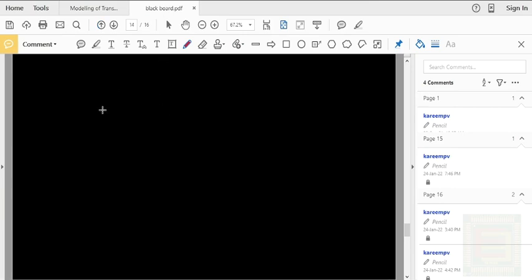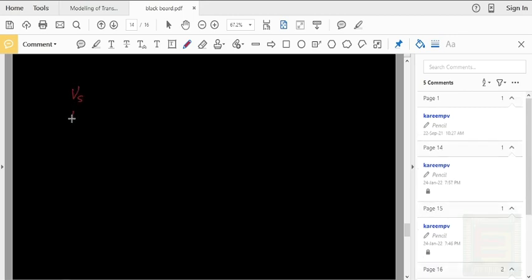So if you consider the ABCD or transmission line parameters of the short transmission line, it can be written as, say, VS, the sending end voltage, and IS, the sending end current, equal to the matrix A, B, C, D. These are the transmission line parameters, and here you have VR and IR.